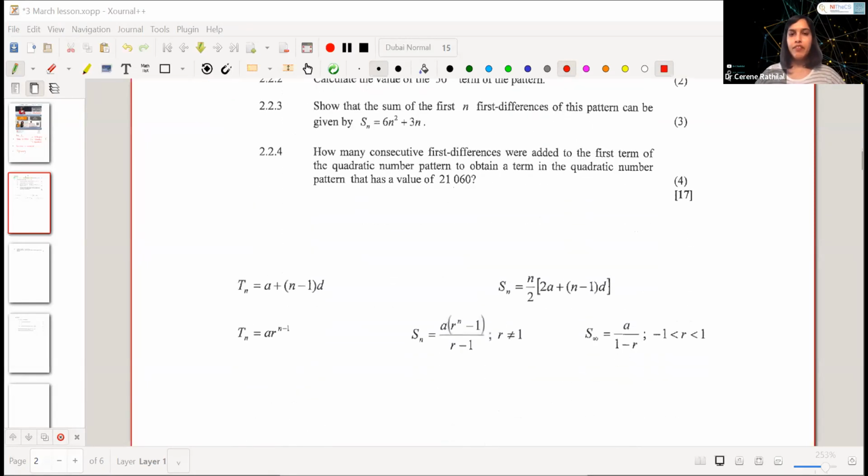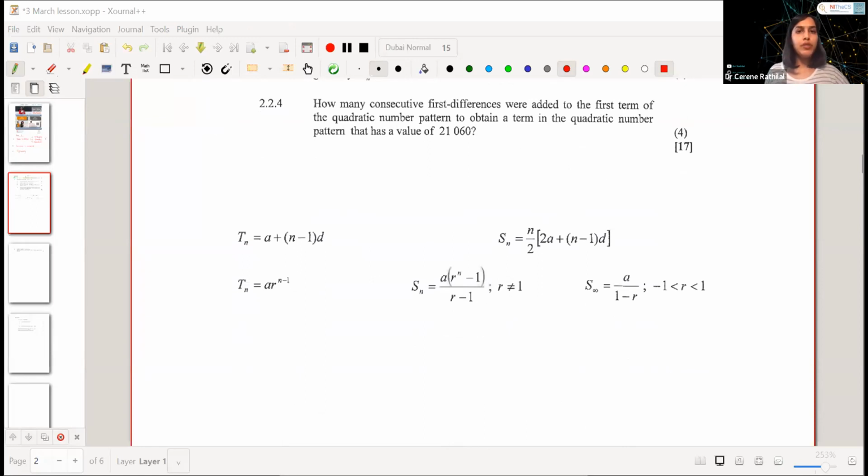But here, if I scroll below, this is what I want to bring to your attention, because of course you've learned this content in school, and these formulas are going to be provided to you in the examination. So you will have a formula sheet, and the formula sheet provides you with these formulas. So what is the first formula representing? Can someone tell me?